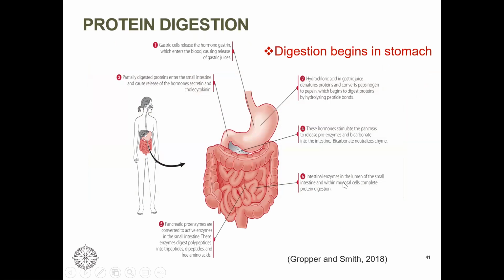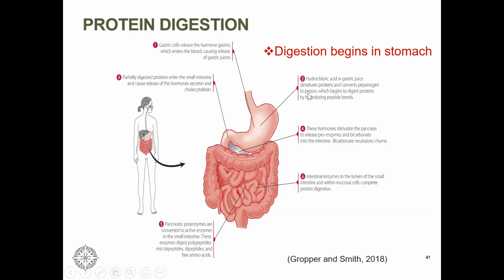Okay. Absorption: we all remember from our previous knowledge that digestion begins in the stomach. And the gastric cells release the hormone gastrin, which enters the blood causing release of gastric juices. And hydrochloric acid in the gastric juice is very important because it denatures proteins and also converts pepsinogen to pepsin, so that pepsin can act on those protein peptide linkages and break them down into amino acids.